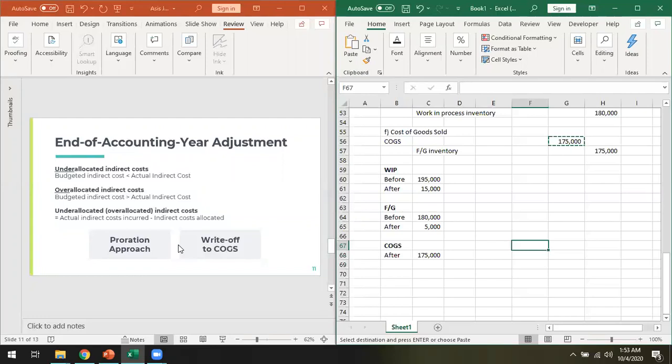Okay, so we know that there are differences between those two accounts, but how do we make adjustments? Actually, there are three approaches on how to make adjustment, but in this tutorial, we're going to learn just two of them. The first one is the proration approach, and the second one is the write-off to cost of goods sold approach.